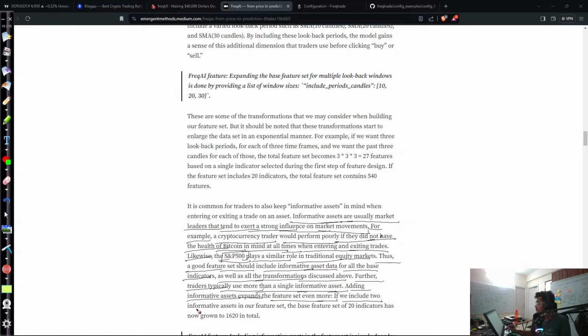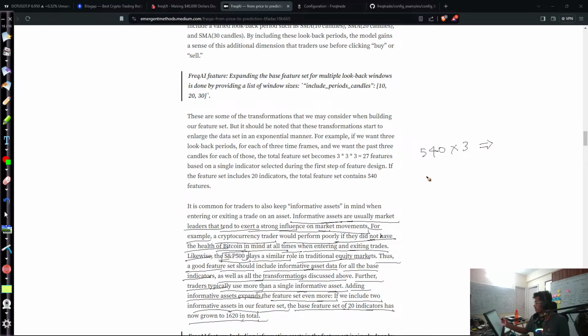If we include two informative assets in our feature set, the base feature set of 20 indicators has now grown to 1620 in total. Just imagine that, that's a lot, right? See this, you multiply it by three.